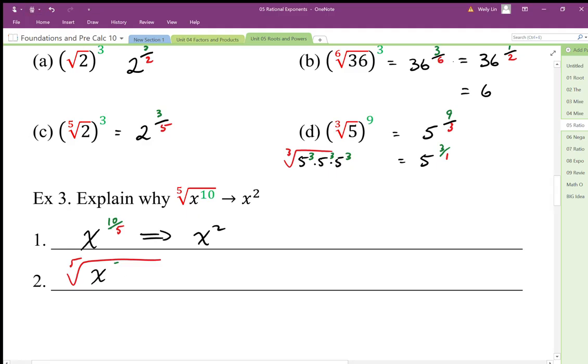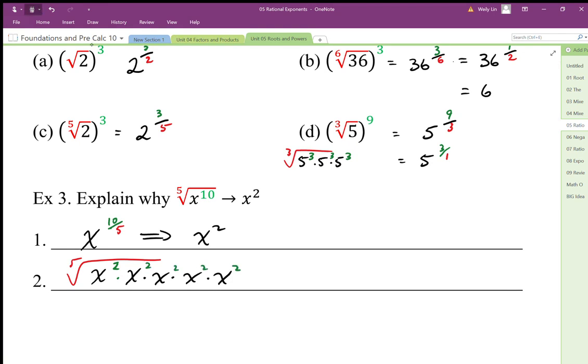So we have x to the power 2 times x to the power 2, 5 times. x to the power 2, x to the power 2, x to the power 2.